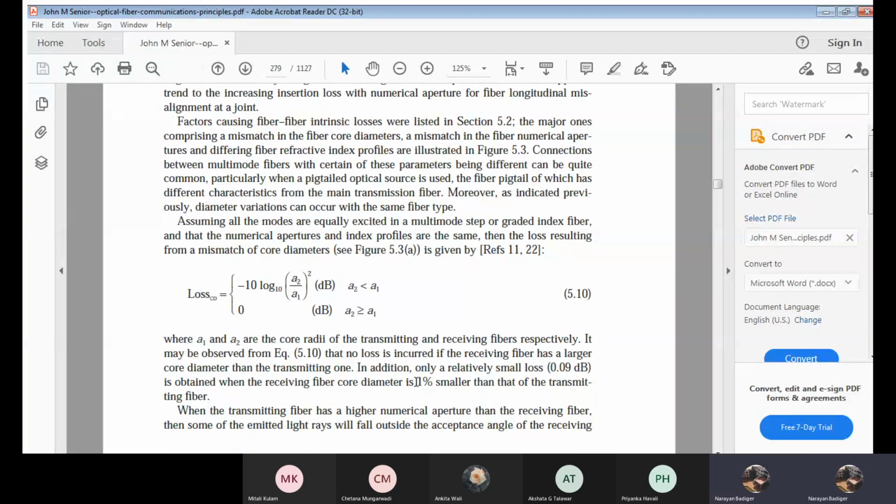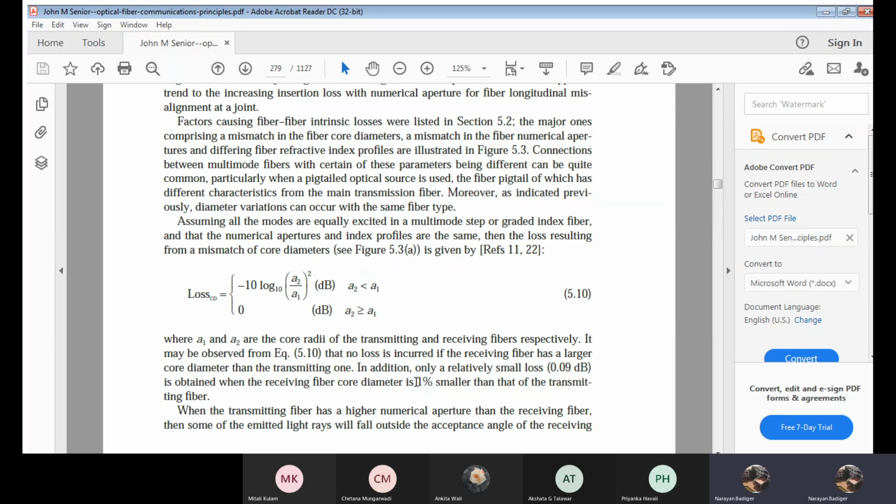Now here we need to assume that the multimode step or the multimode graded index fibers are equally exciting, with the same index profiles and the same numerical apertures.